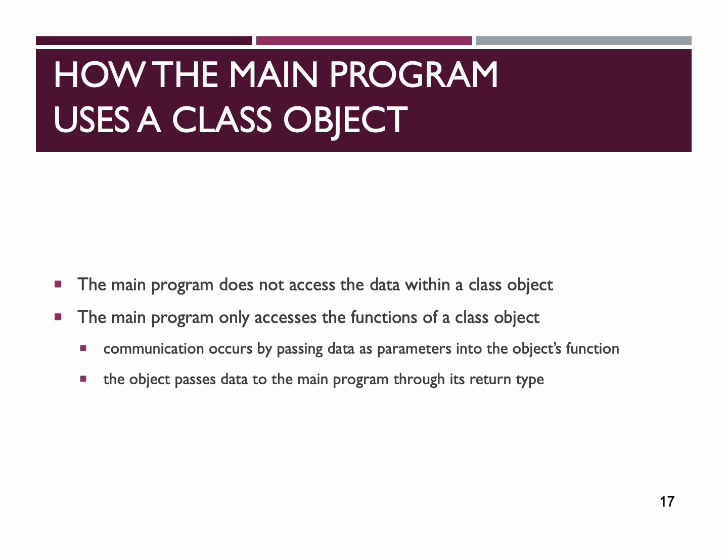After processing, if the object needs to send data back to the main program, it does so through the function's return type. This maintains the integrity of the object's internal state while allowing the main program to utilize the results of the object's operations. So this is how the main program uses a class object in four ways.